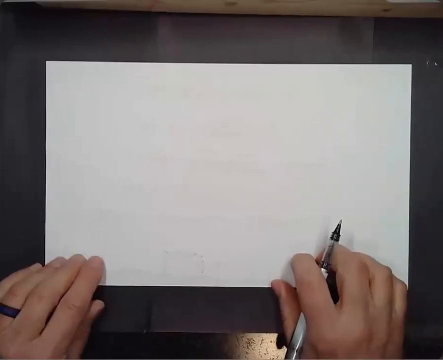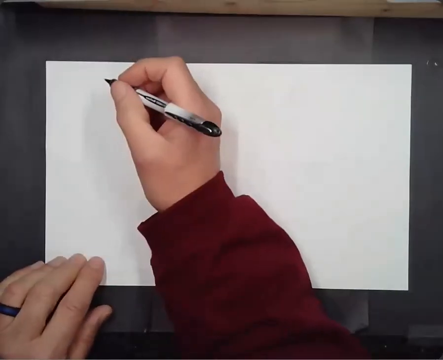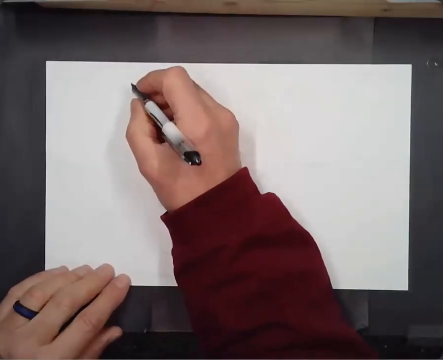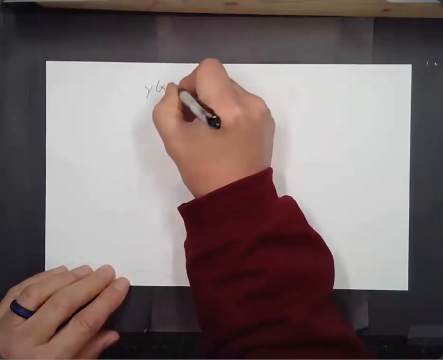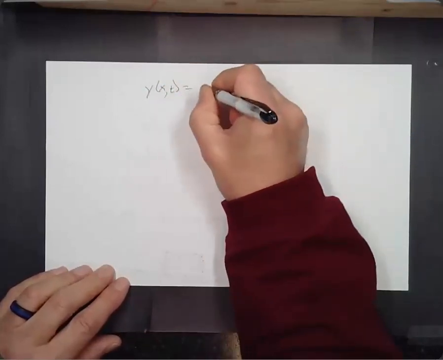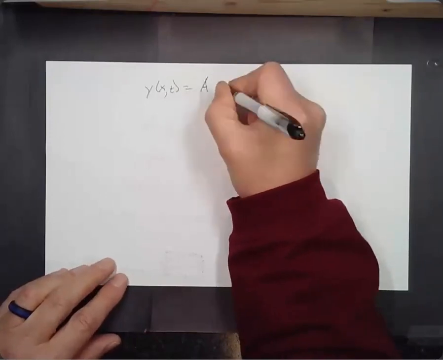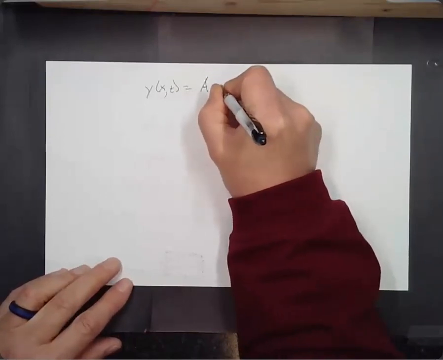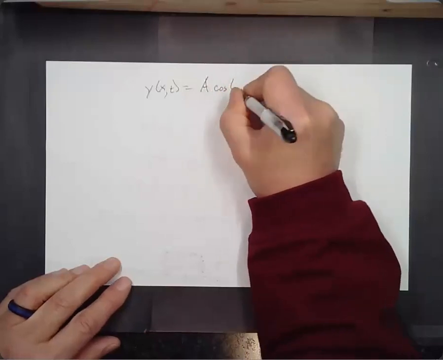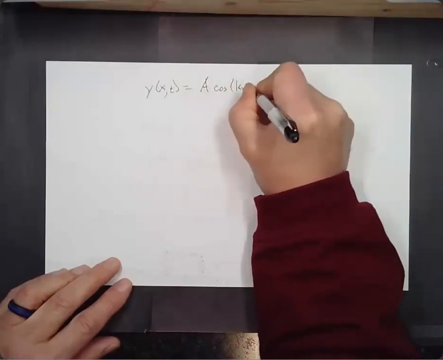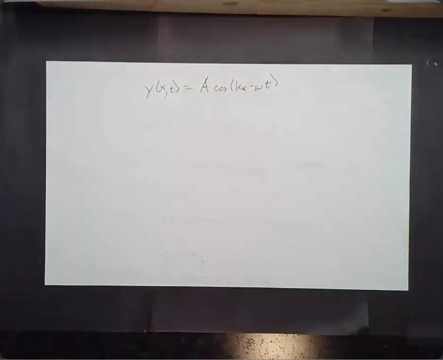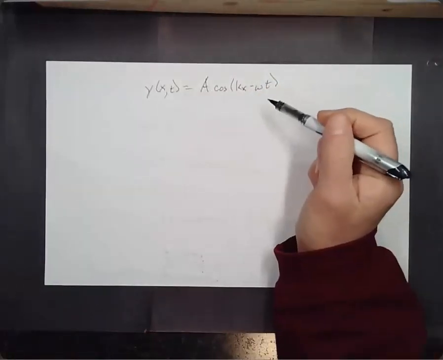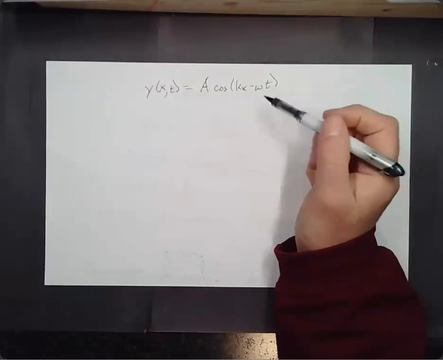Light is a wave. Interference is a wave effect. And back when we studied waves, we had things like maybe y of x and t is going to equal some maximum amplitude times maybe a cosine of kx minus omega t or something like that. We might also have a phase added onto there, things like that.